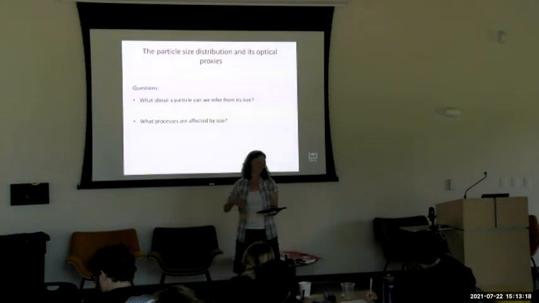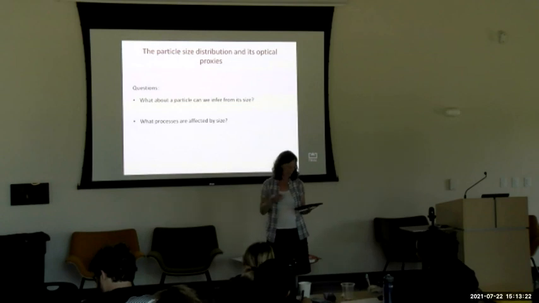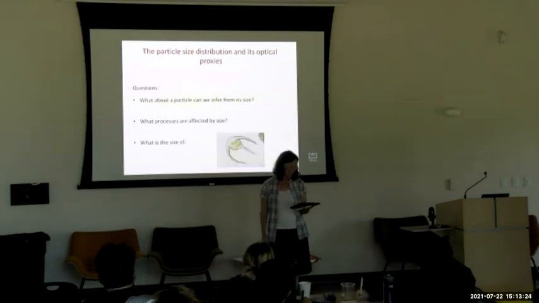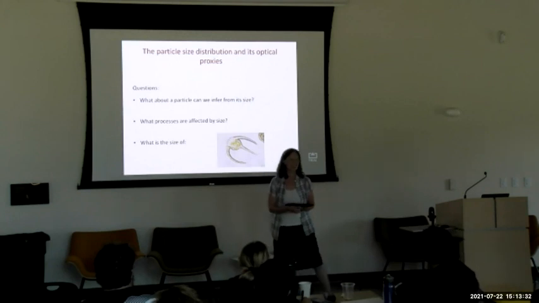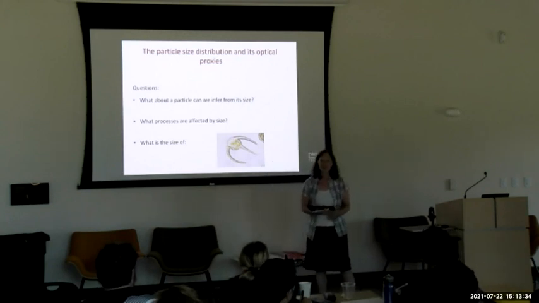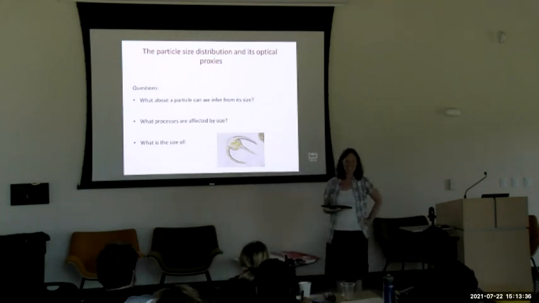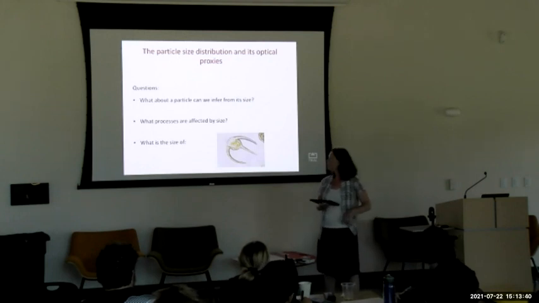I guess we kind of got into processes affected by size in that first question, so I'm just going to zoom through this and pose this one to you. What is the size of this thing? A dinoflagellate. How would we determine that? Its longest dimension, okay?